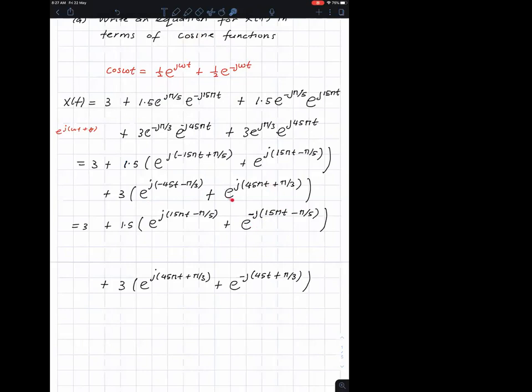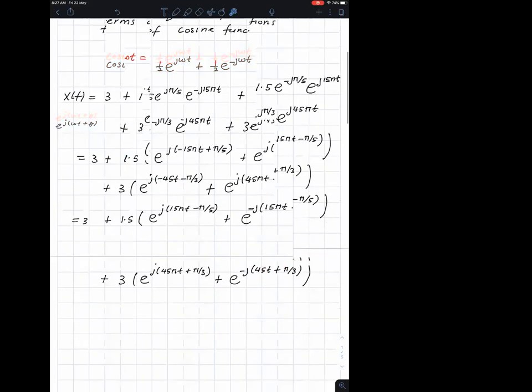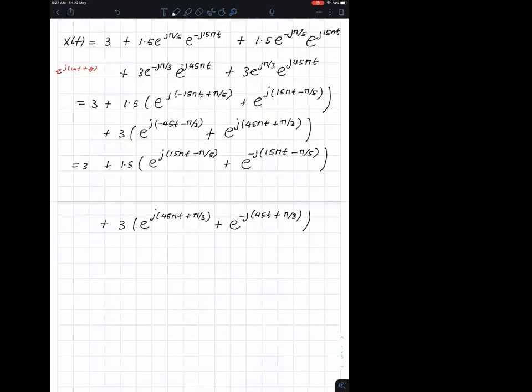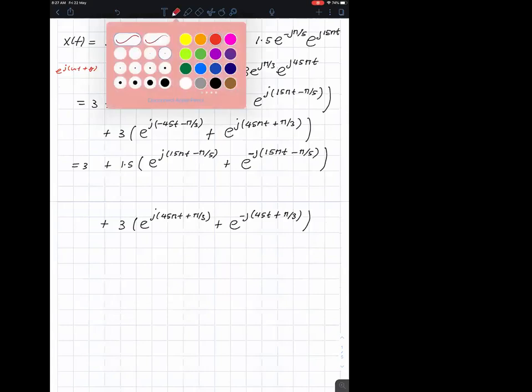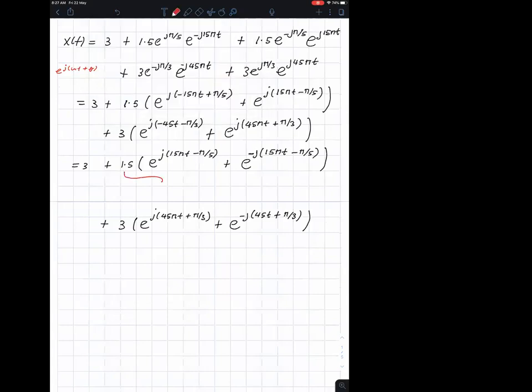You just factor out the minus sign, it comes outside, and then minus j 45 t is still minus j 45 t, minus j multiplied by pi over 3, still minus j pi over 3. Once you have them in this format, then you can go ahead.